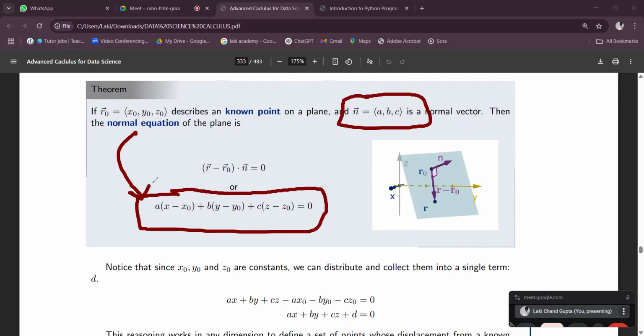It can be the origin, it can be any point. Yes, this is the normal vector actually.